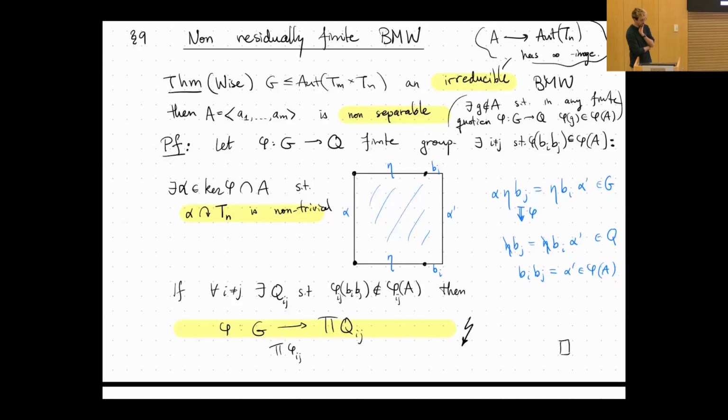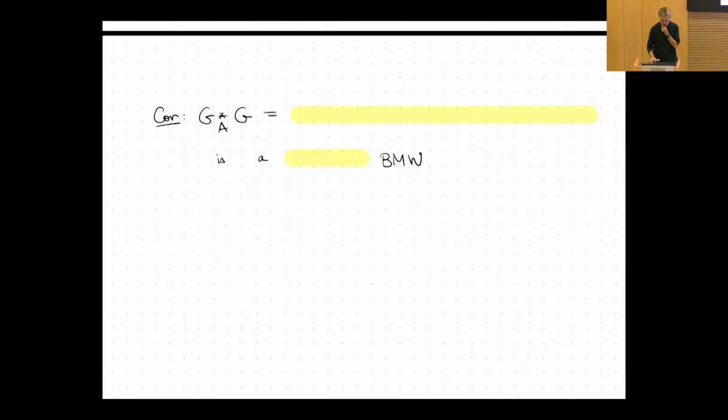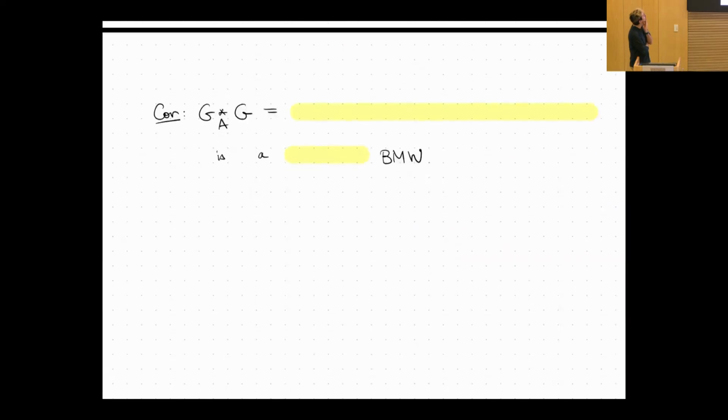Okay, so we got ourselves something that's non-separable, a subgroup that's non-separable. And here is another cool trick of Dani, is that you can now build a non-residually finite group by just taking a double of G along A. So what is this? I just take A1 up to AM, B1 up to Bn, and another copy B1 prime up to Bn prime. And I put all the relations that I sort of expect, right?